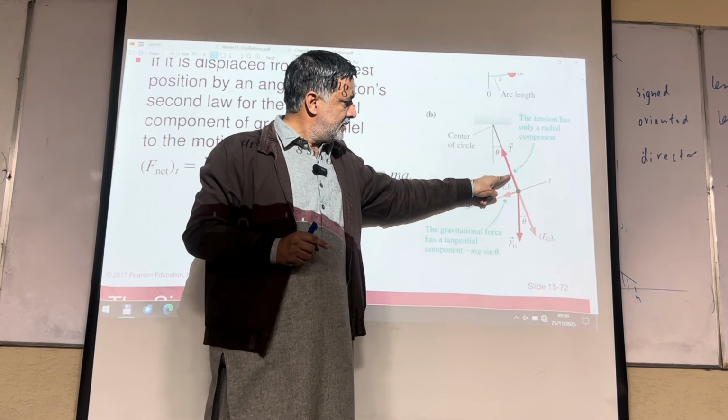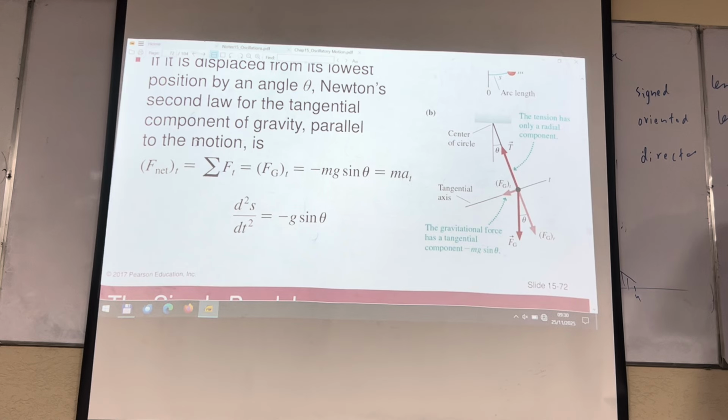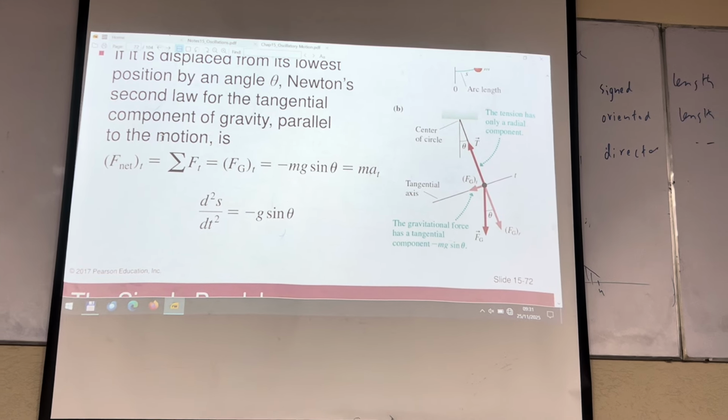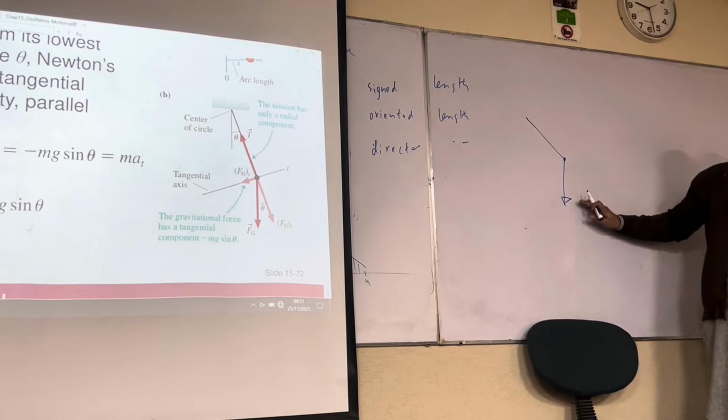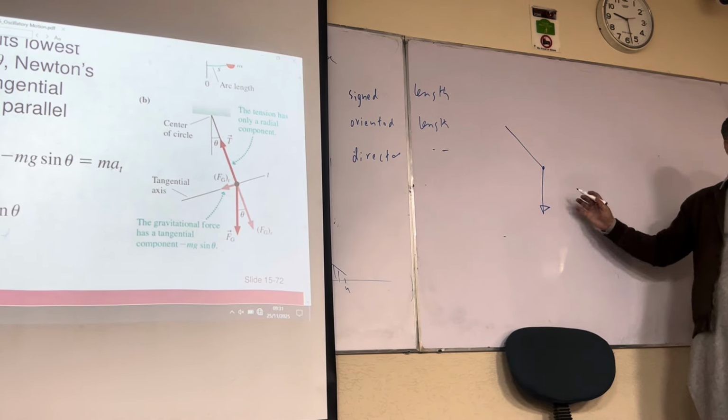Because it can only move in these two directions if these two forces are not balanced. So what about this force? This force is the component of this gravitational force perpendicular to the rod. Remember, ये मेरे पास rod है और यहाँ पे मेरे पास ये gravitational force है. इस gravitational force का, I'm not interested in the x and y.